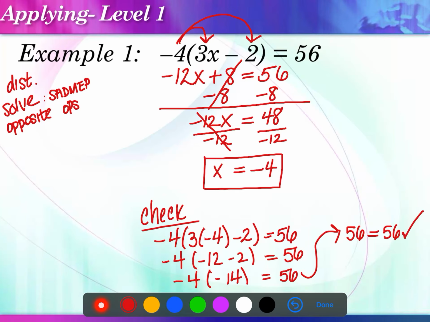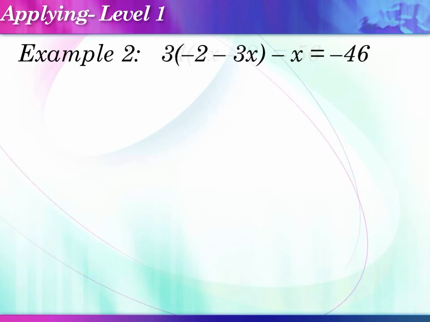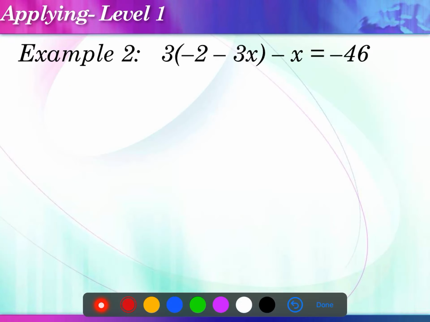Okay, let's try one that's a little bit more complicated. So now it looks like I have variables in two different places. I still have some distribution. Okay, so remember, distribute is always our first step.